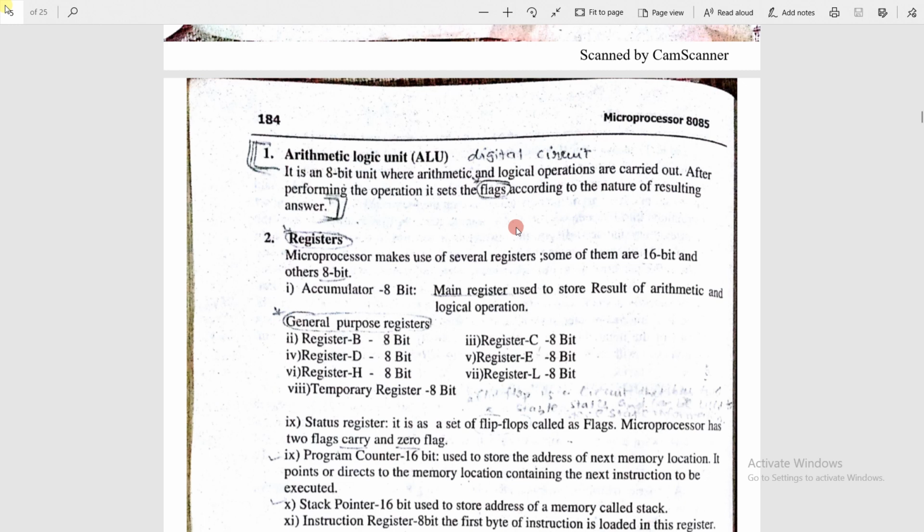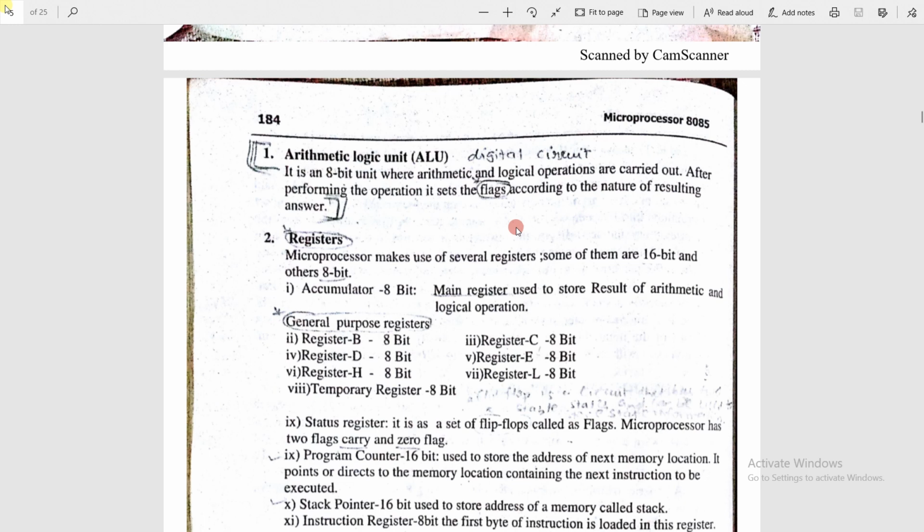There are some general purpose registers. Register B 8-bit, register C 8-bit, register D 8-bit, register E 8-bit, register H 8-bit, register L 8-bit. They are general purpose registers. We can use them to store any type of data.